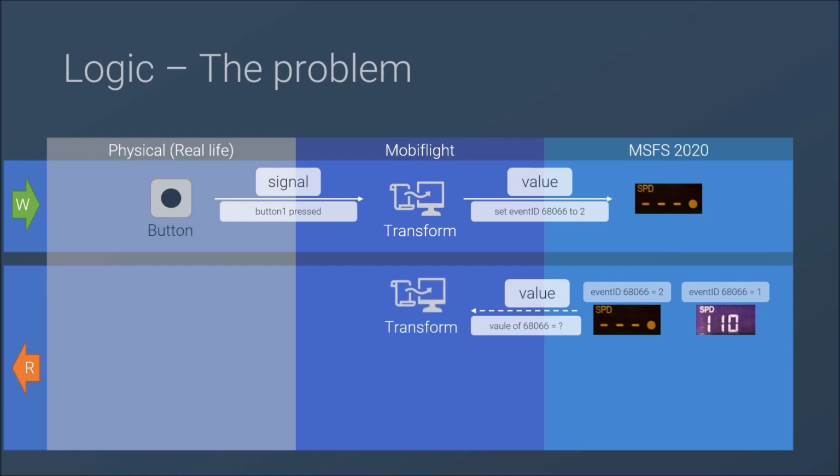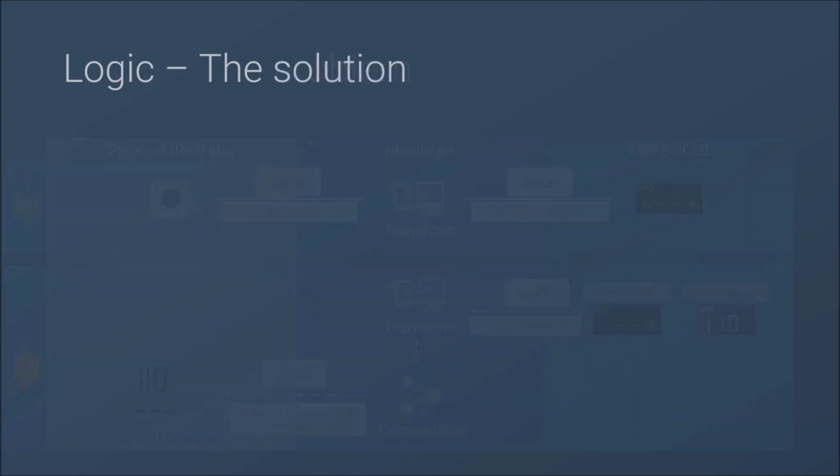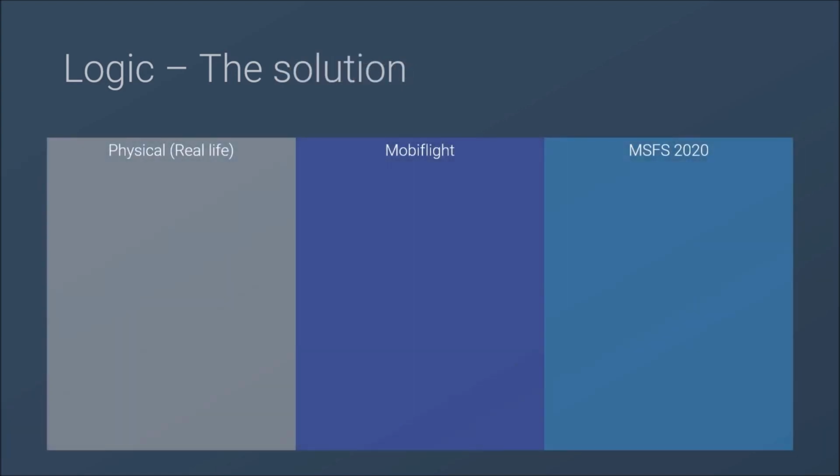So we also cannot transform this value, and we cannot set a precondition, meaning we are not able to display on our 7-segment displays the actual value or the dashed mode, or also managed mode. So what is the solution then?